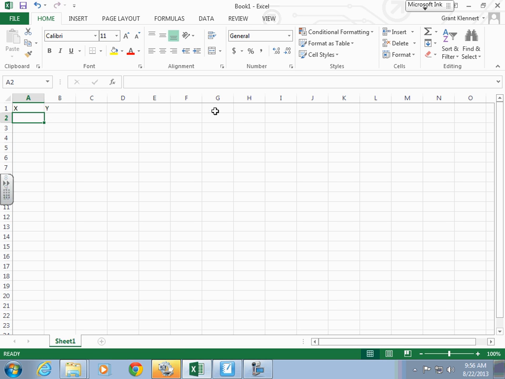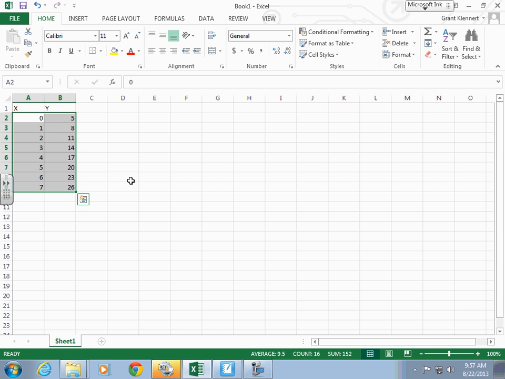So I am just going to do some numbers here: 0, 1, 2, 3, 4, 5, 6, and 7. And likewise, let's put some numbers in the y column. So I've entered my data. Now, how do I go about doing a graph? Well, you're going to highlight your numbers, just like this.